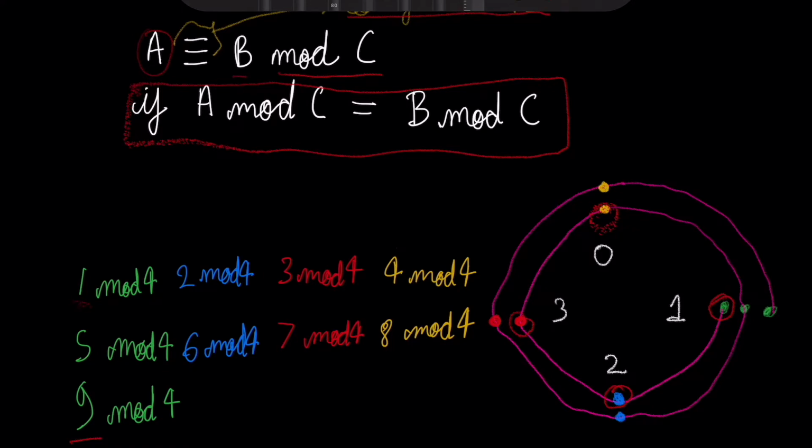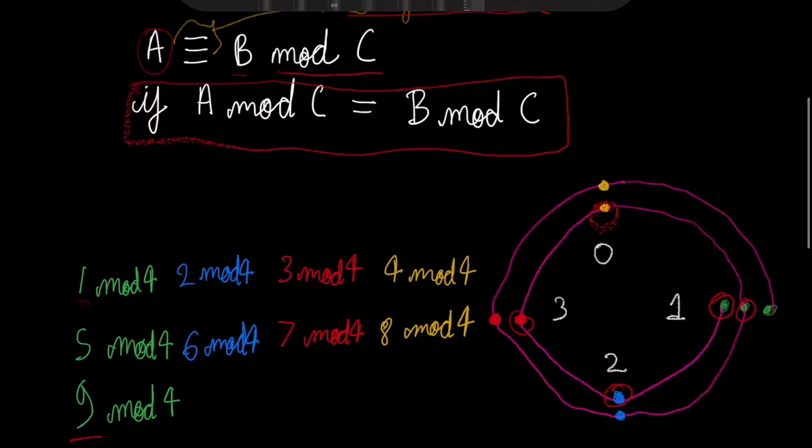Next, 5 mod 4 is 1, 6 mod 4 is 2, 7 mod 4 is 3, 8 mod 4 is 0, and 9 mod 4 is 1.